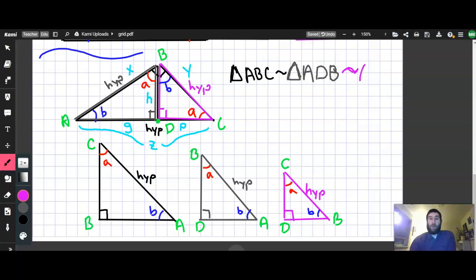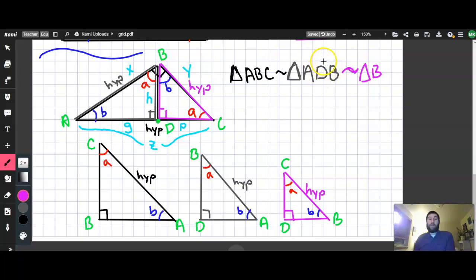And so for our last purple triangle, because we matched the gray and black already, I can match the purple with the gray or the purple with the black, and it's going to work either way. The letters are going to be in the correct order for our similarity statement. If I use the gray here, A matches up with B, so B is going to come first.